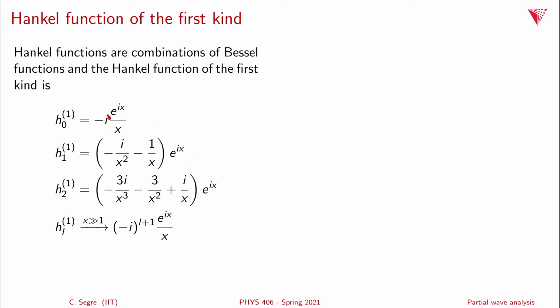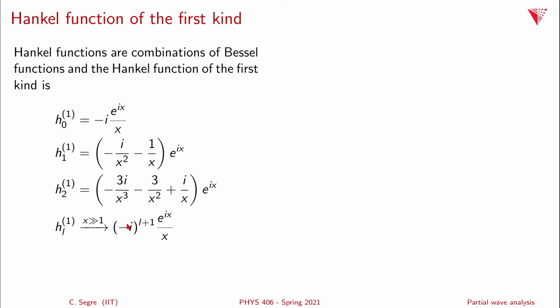But this one has a minus I, e to the ix over x. This one has just a minus e to the ix over x. And this one has plus I, e to the ix over x. This is L equals 0, this is L equals 1, and L equals 2.